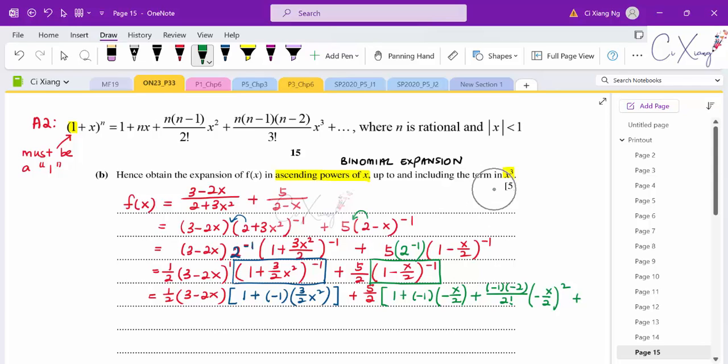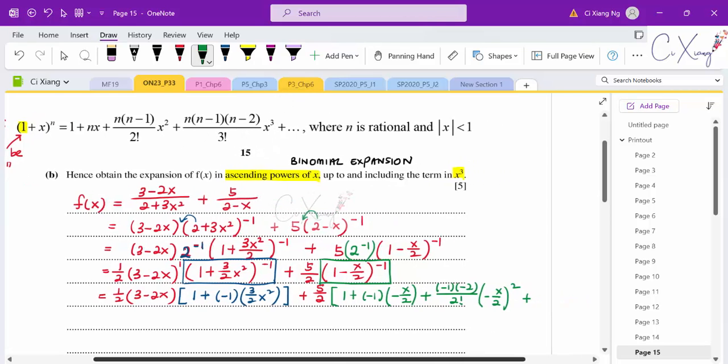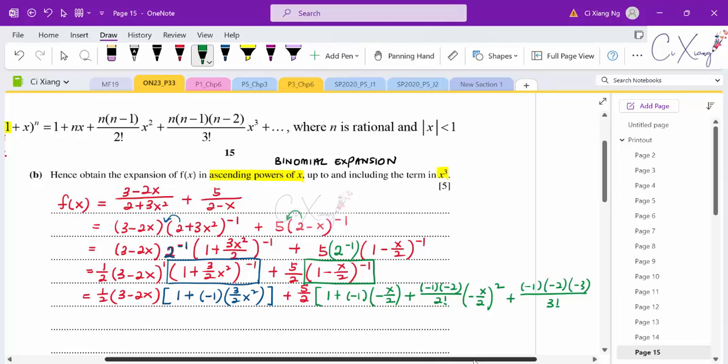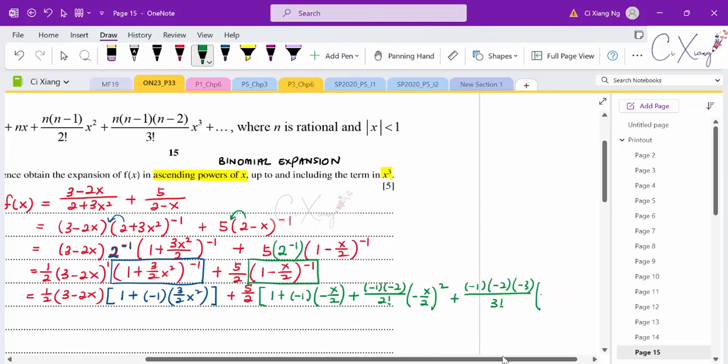Then for our question, they requested for x power 3, so you have to continue further. For this one, n(n minus 1)(n minus 2) divided by 3 factorial, then x power 3. So I'm having n, which is negative 1, n minus 1 is negative 2, n minus 2 is negative 3, divided by 3 factorial, and then x power 3, so negative x over 2 power 3.